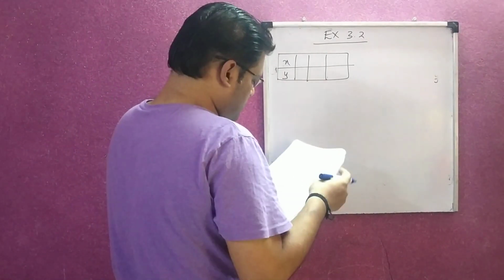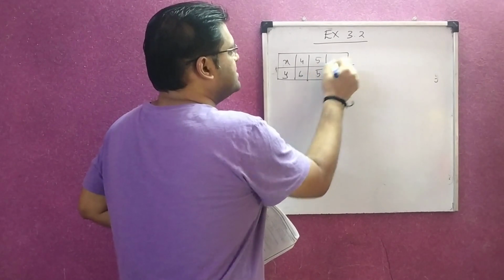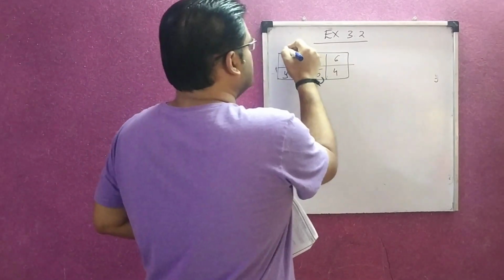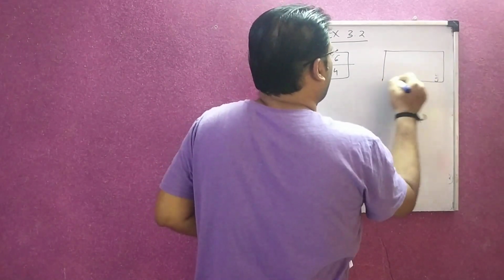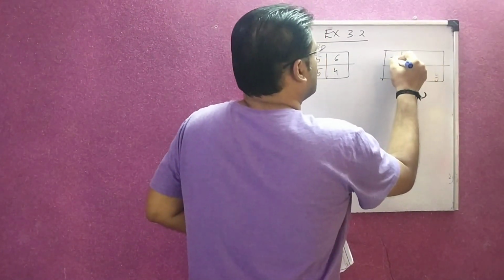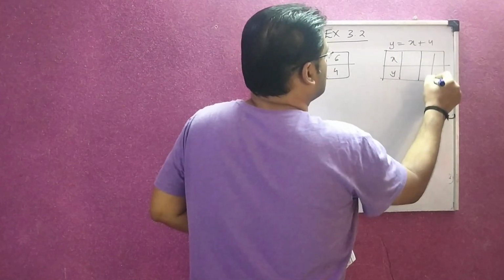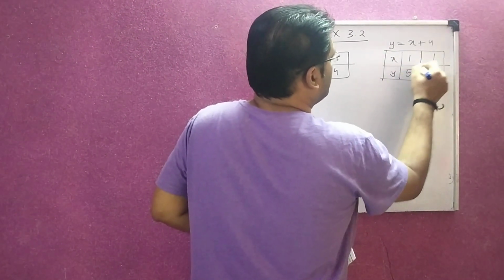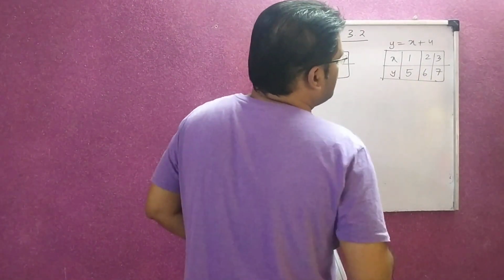So first was for x plus y, we had taken 4, 6, 5, 5 and 6, 4. This is x plus y equal to 10. The second one was y is equal to x plus 4. So I guess I have taken 1, 5, 2, 6 and 3, 7.